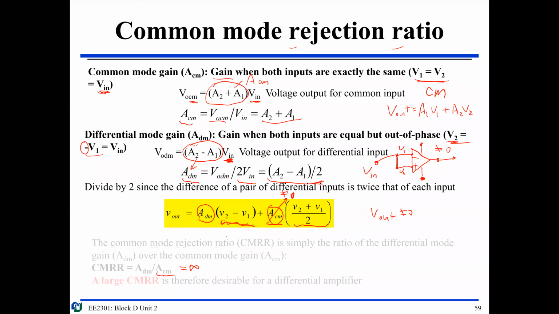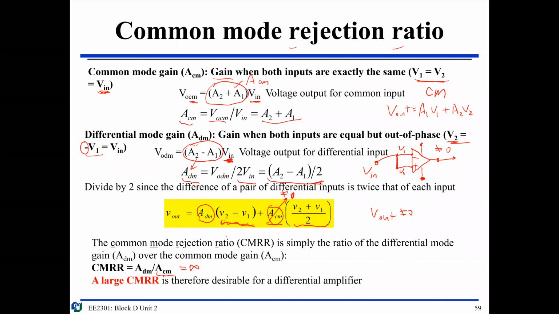If ACM is 0, then the common mode output is always 0, no matter what the size, because of V1 plus V2. Otherwise, if ACM is not 0, the differential input will always get something extra.